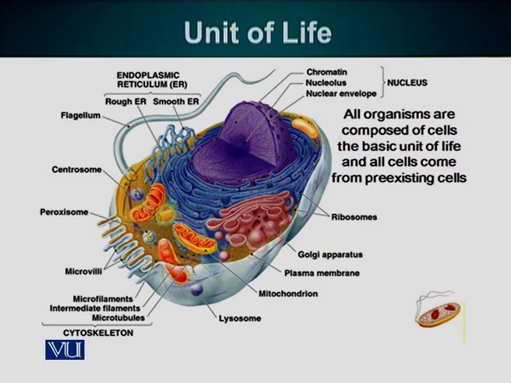That substrate along which motor proteins move are the cytoskeletal elements. Cytoskeleton is composed of three different types: microfilaments or actin filaments, microtubules, and intermediate filaments. We'll talk about these three components in more detail later on.